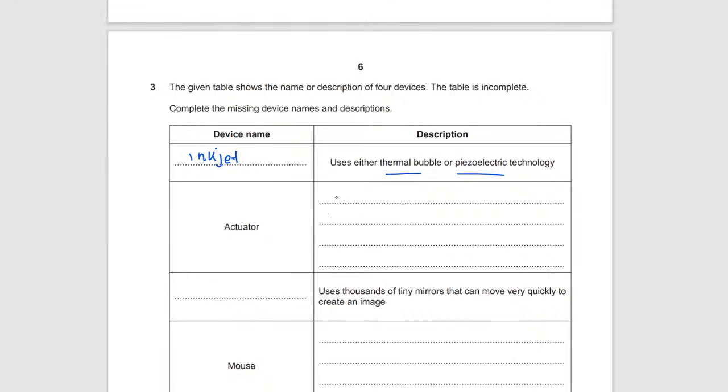So this is so that we can cause physical movement. That's the main purpose of the actuator.